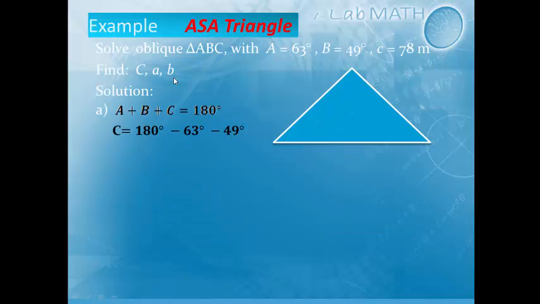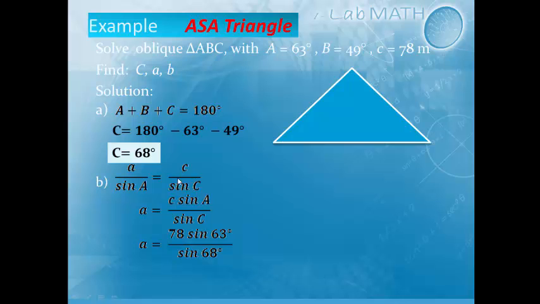Among the 3, we can solve for angle C first. So using the theorem again, A plus B plus C is equal to 180 degrees. Substituting the values of A and B, that becomes C is equal to 180 less 63 less 49 degrees. Angle C measures 68 degrees. From there, we can now look for side a.